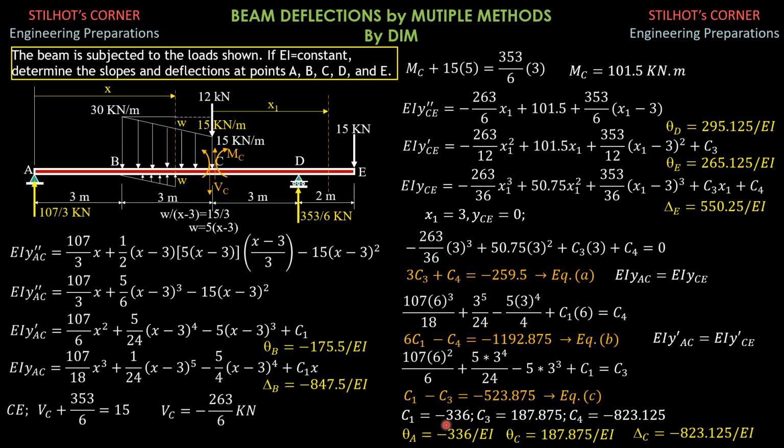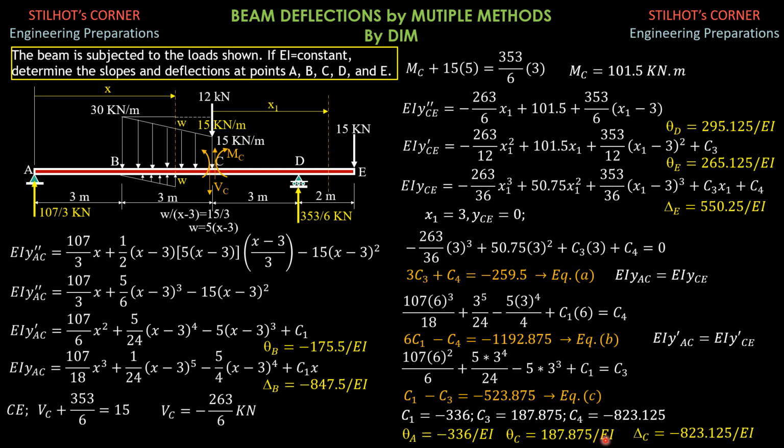Then for AC, substitute x is 6. So 107 times 6 squared over 6 plus 5 over 24 times 3 to the fourth, minus 5 times 3 cubed, plus c sub 1 equals c sub 3. Simplifying, c sub 1 minus c sub 3 equals negative 523.875. Call that equation C.